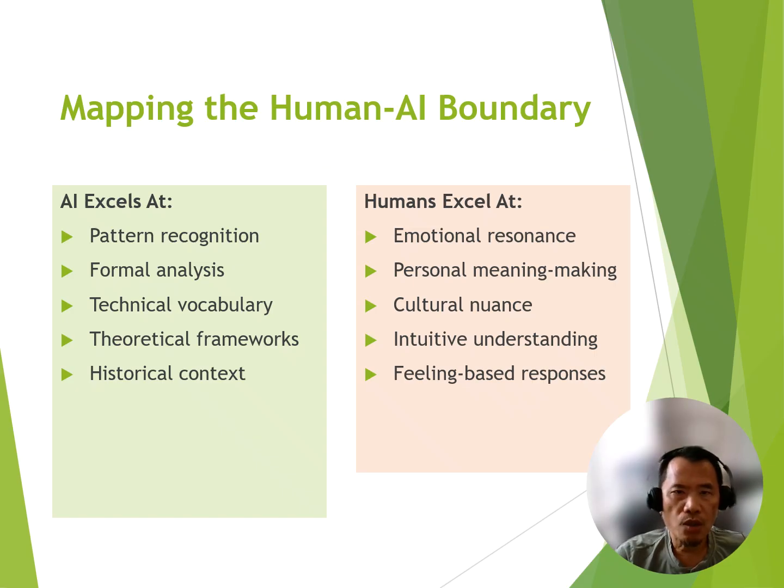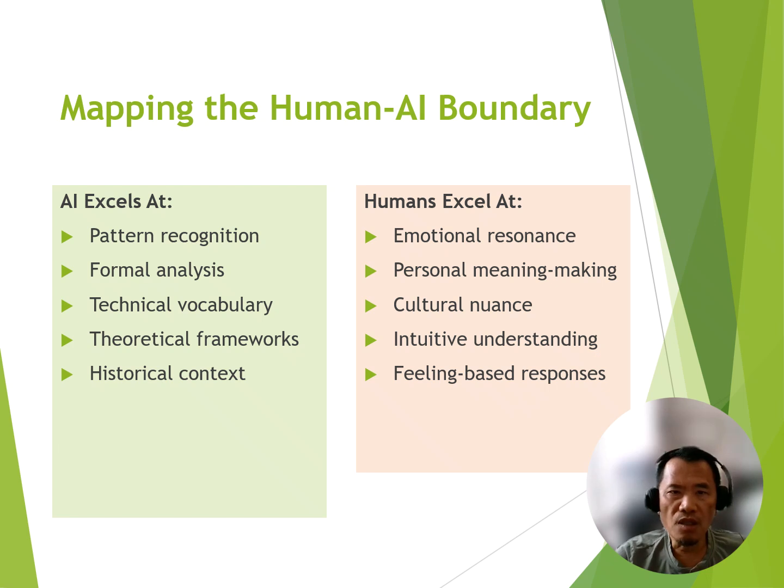This research mapped distinct boundaries between computational and human intelligence in visual interpretation, revealing complementary rather than competing capabilities. AI exhibits superiority in analytical mechanics, pattern recognition, formal analysis, technical vocabulary, historical contextualization, and theoretical framework application.